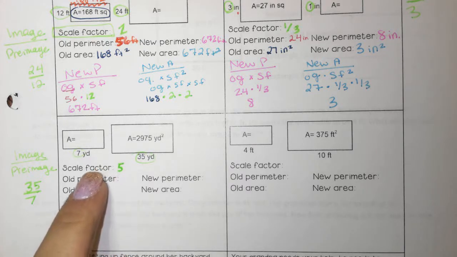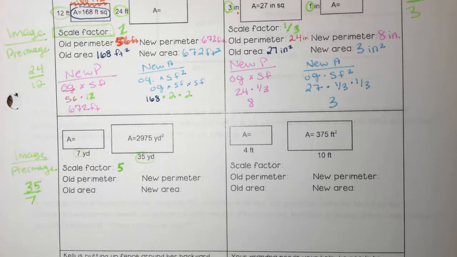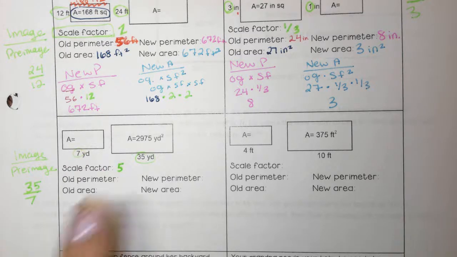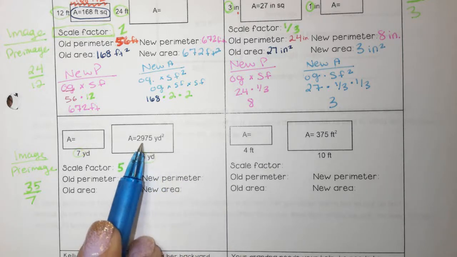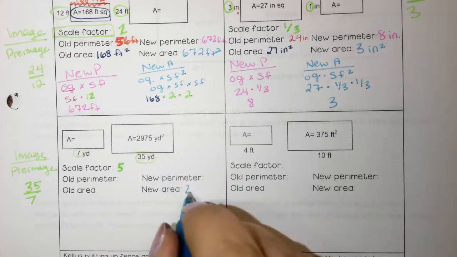Notice that I can't start finding anything about my original image, but I can go ahead and start filling out information about my image. Well, the new area is 2,975 yards squared.